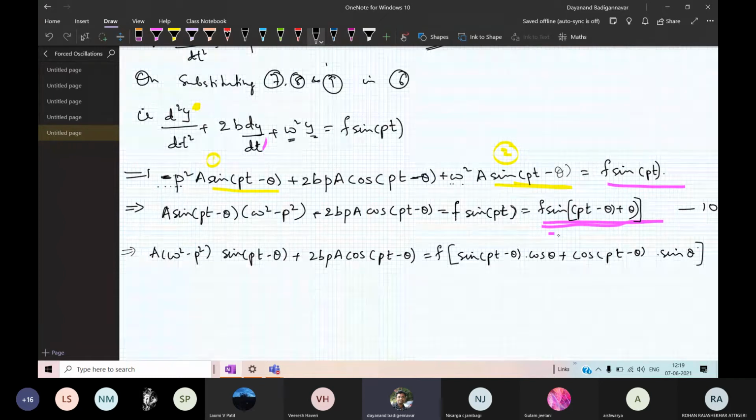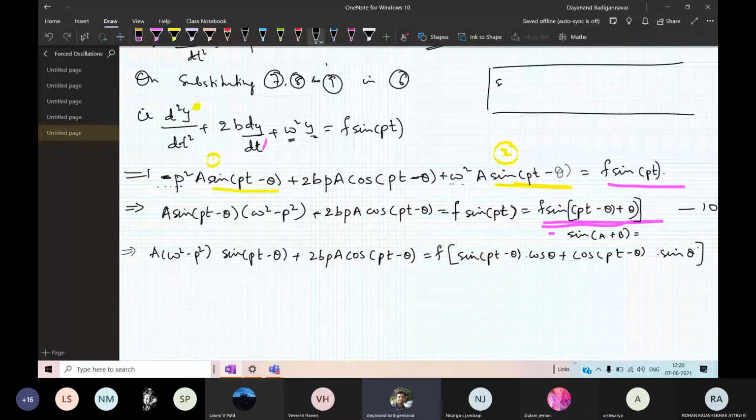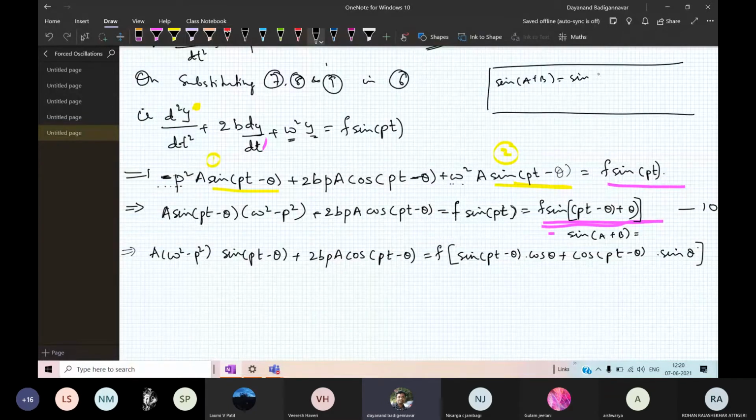You have learned yesterday in the earlier class, it is an identity: sine a plus b is sine a into cos b plus cos a into sine b. This is what you get. Now using this identity, I can expand it and rewrite it like this.